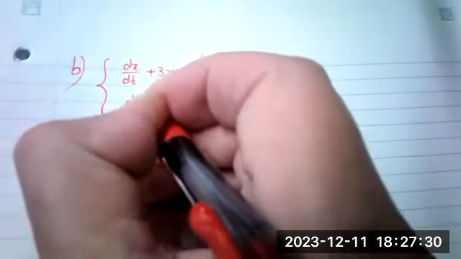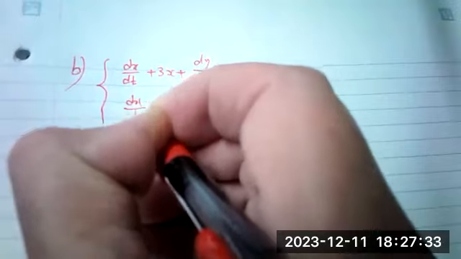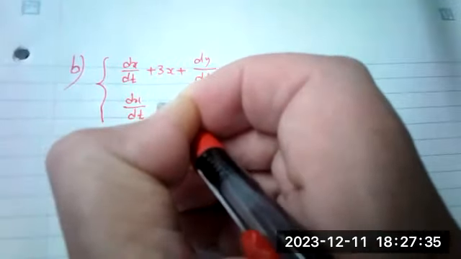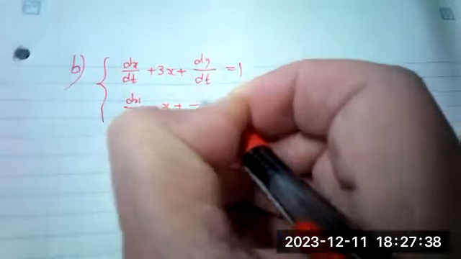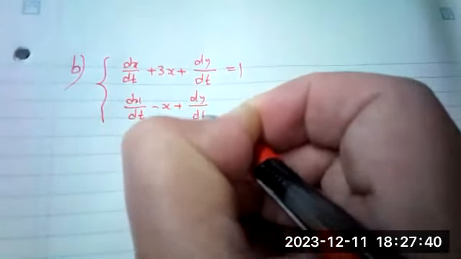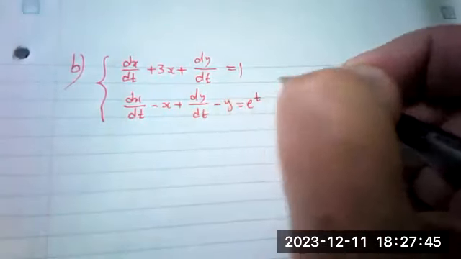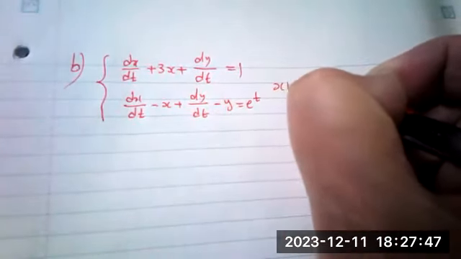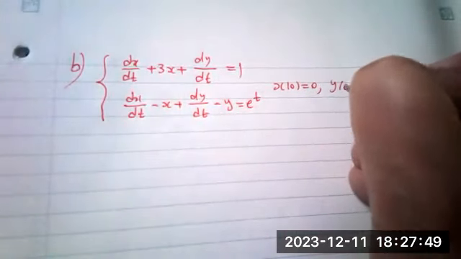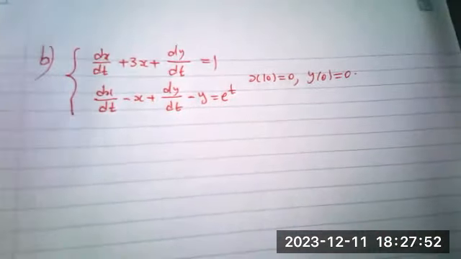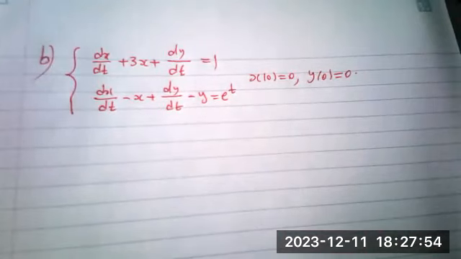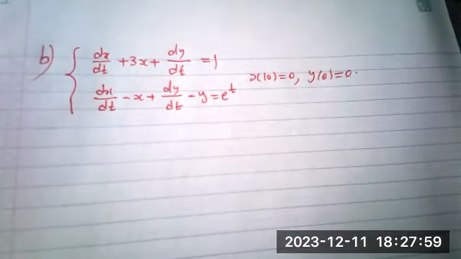The second equation is dx/dt minus x plus dy/dt minus y equal to e to the t. And the initial conditions are x of 0 is 0 and y of 0 is 0. Again, remember the method of the Laplace transform, not algebra. Okay, so change them into the Laplace form.